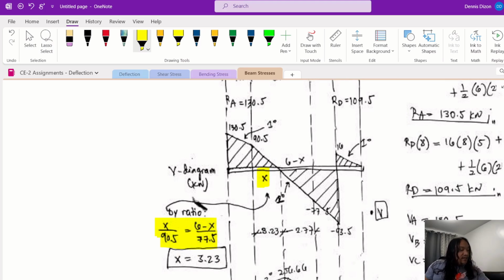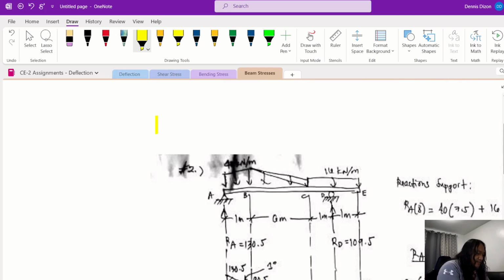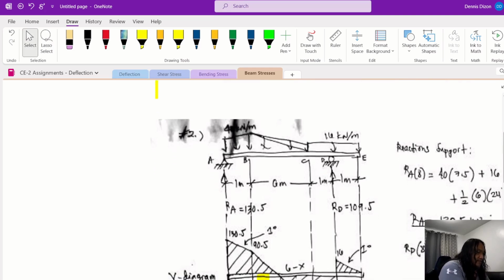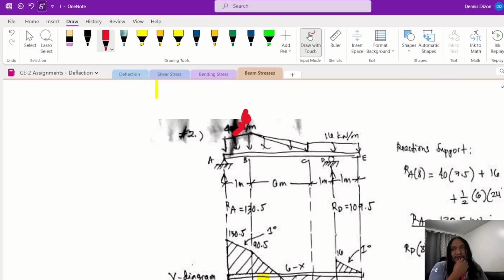Now this one here, the load is in first degree. This is 0 degree, that's fine, the 40 kilonewton meter, but the trapezoidal load is already in the first degree.